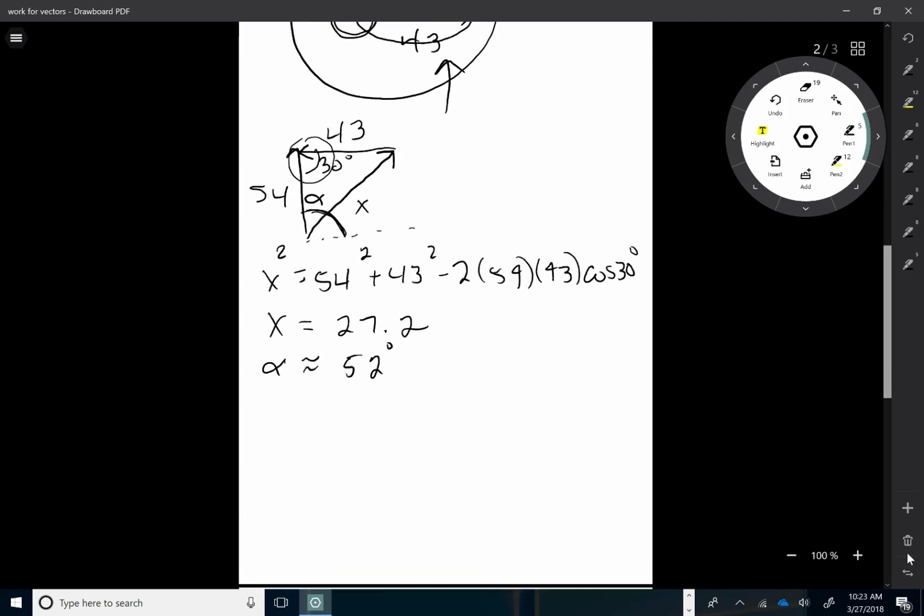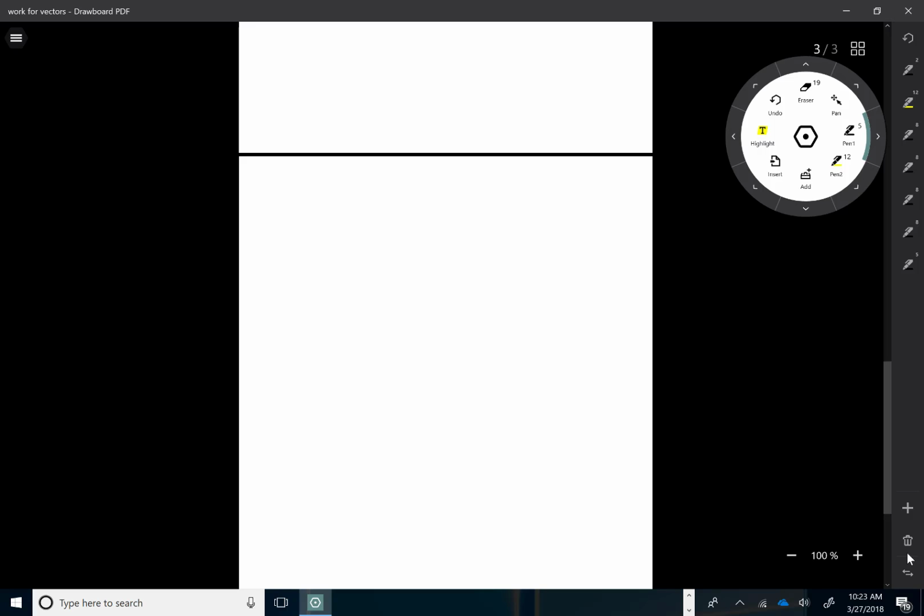Let me draw it out one more time so you can see it. If you have two vectors that you're trying to find the resultant for, you have the magnitude of the two vectors. So if I have the magnitude of one and I have the magnitude of another one, if I draw them so that these initial points are together, I can form a parallelogram out of it.